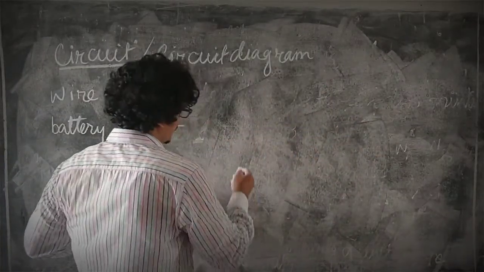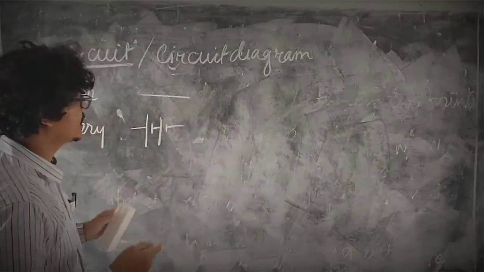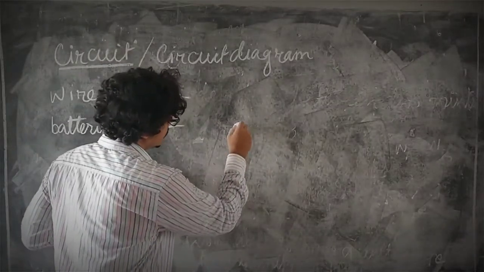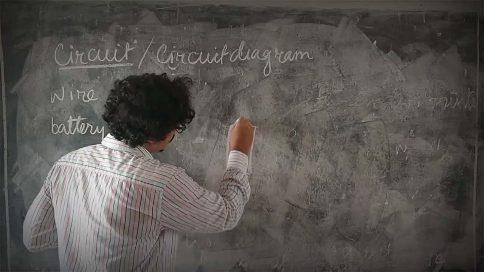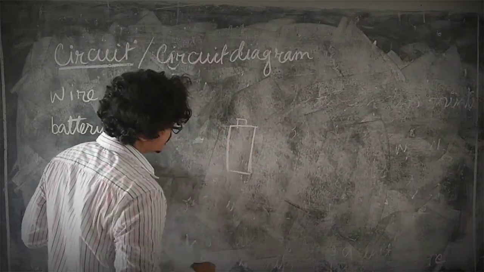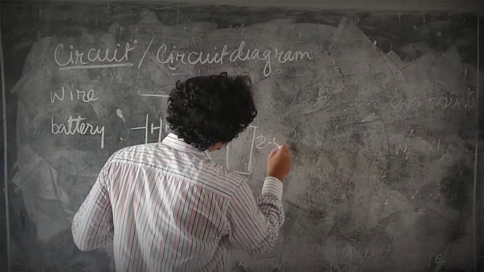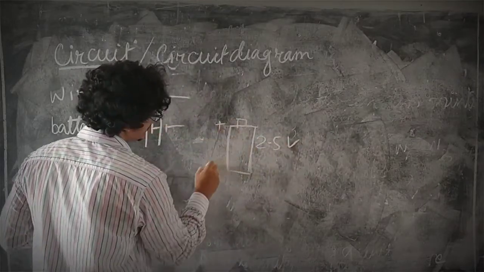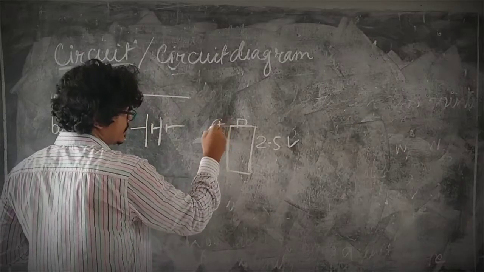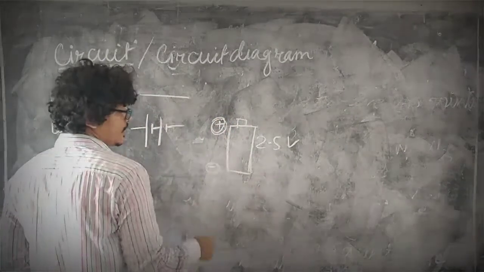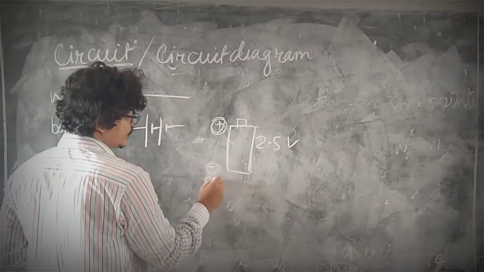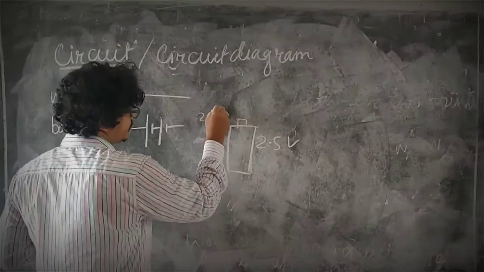If you notice a pencil battery, which is used in a clock, it is written 2.5 volt, and plus and minus are indicated. It means the plus side has higher potential and the minus side has lower potential. If the minus side has 0 volt, then the plus side will be 2.5 volt.